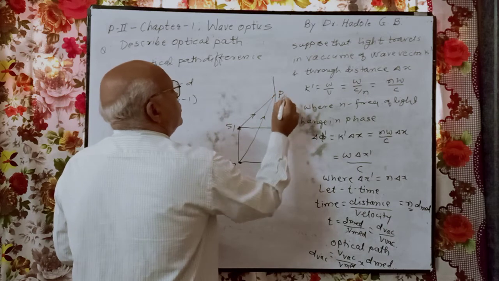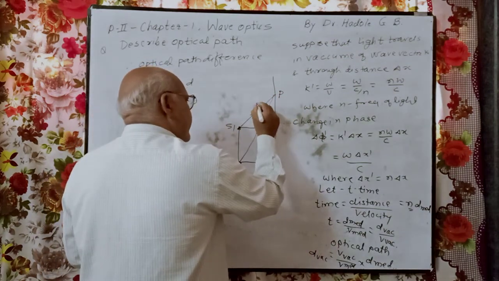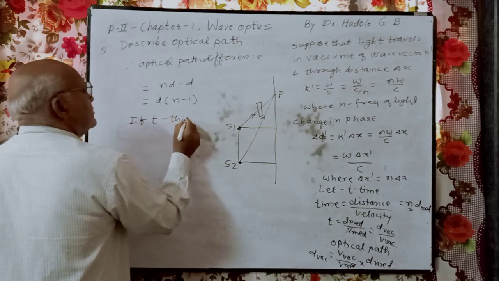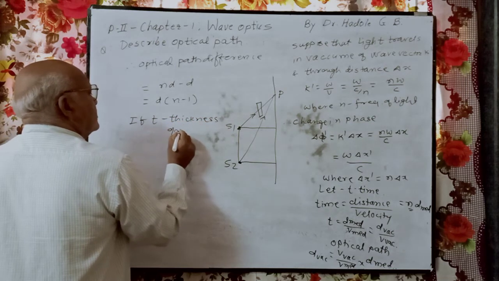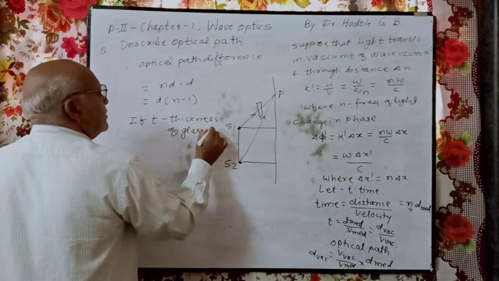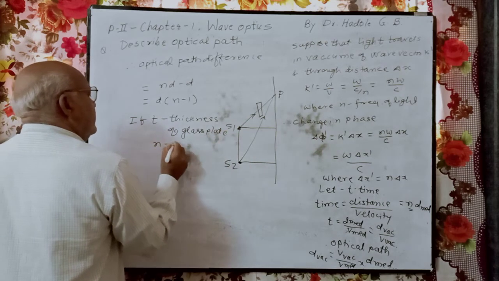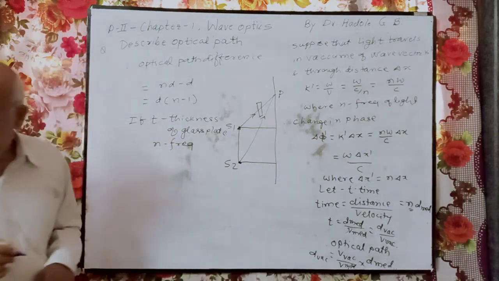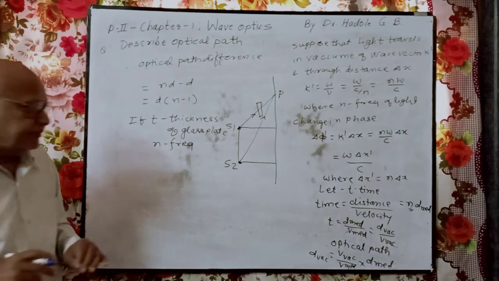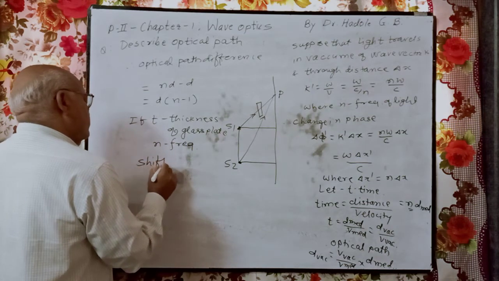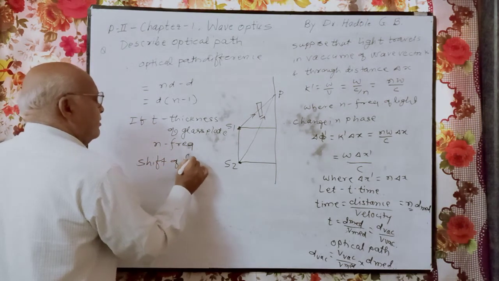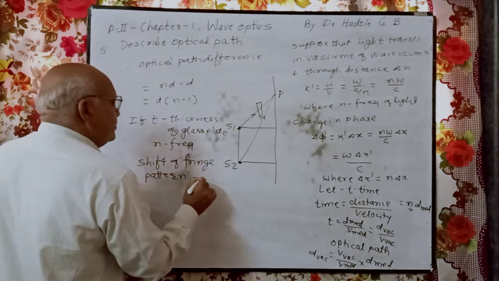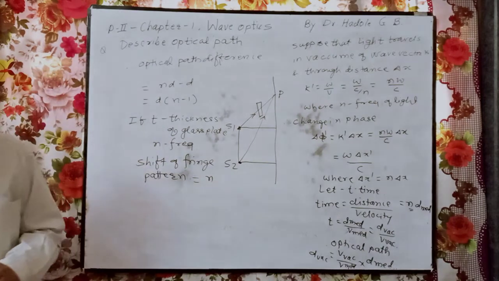Light is traveling up to the point P. Now, if we place a glass plate, if t is the thickness of glass plate, and n is the refractive index, then the shift of fringe pattern will be equal to beta upon lambda times n minus 1 into t.